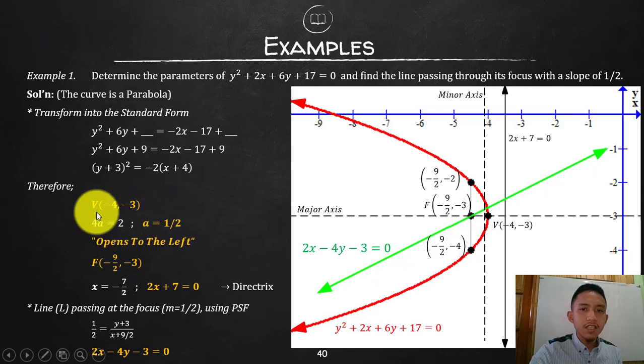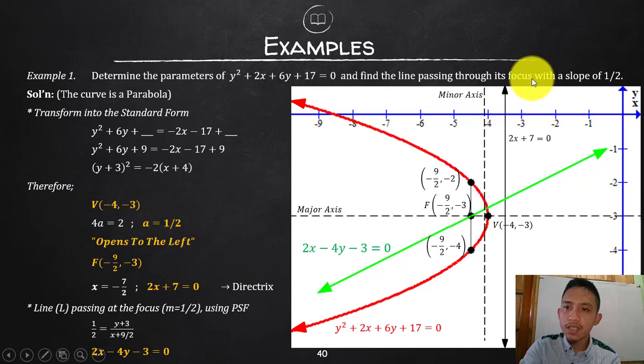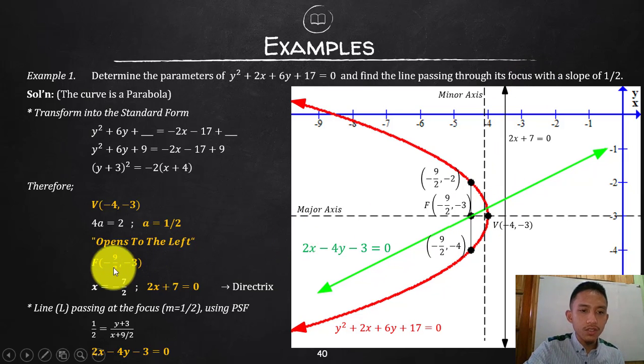Okay, but that is not all we need. We need to know also a line that is passing at the focus. That's why we need the focus a while ago. So this is the focus, and we want to get the line passing at that with a slope of positive 1 half.